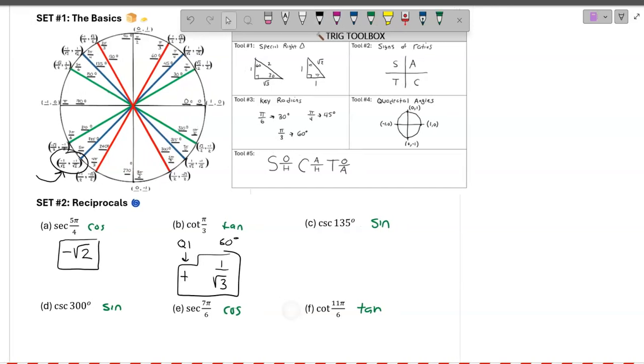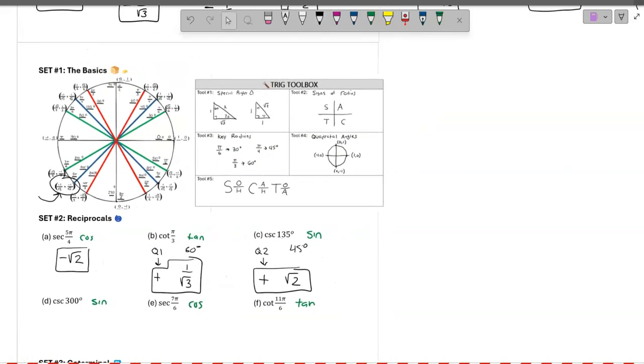And then for cosecant of 135, again, whichever perspective makes most sense to you, here I'm going to talk about how 135 is in quadrant 2, sine is positive in quadrant 2. 135 is a reference of 45, and therefore the sine of 45 is 1 over √2, but I will flip it to say positive √2.